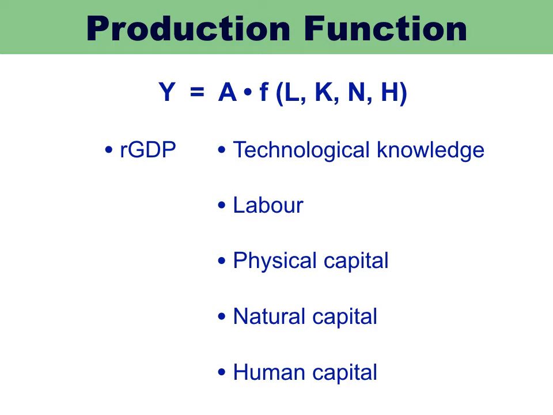An example of technological knowledge, well, let's just think about labor and capital. Physical capital, that is. Imagine that you are a farmer and you're trying to grow your farm in the 1950s.